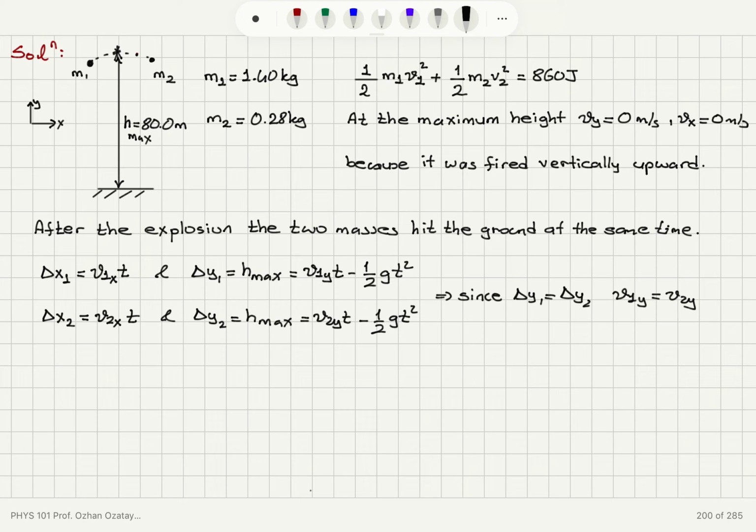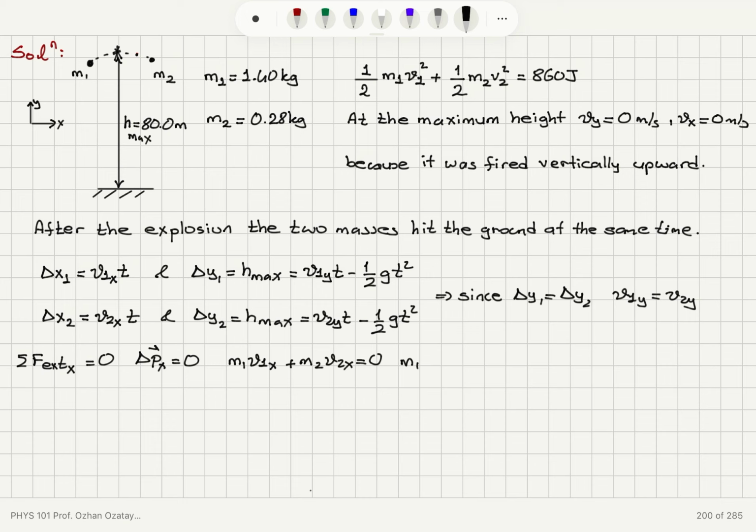On the other hand, the net external force acting on the system is 0, so we must have x component of the linear momentum conserved. So m1 v1x plus m2 v2x must be equal to 0.